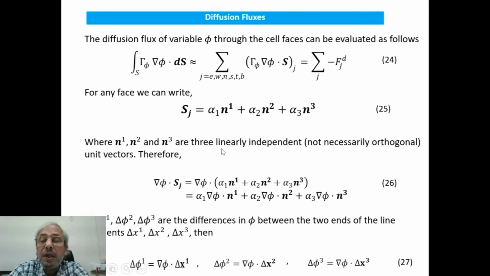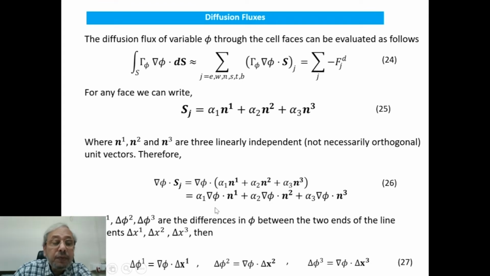They may be orthogonal, may not be orthogonal. Now, when we operate grad of phi with this surface vector, we get grad phi dot alpha 1 n1 plus alpha 2 n2 plus alpha 3 n3, and through this operation we get alpha 1 grad phi dot n1, alpha 2 grad phi dot n2, alpha 3 grad phi dot n3.